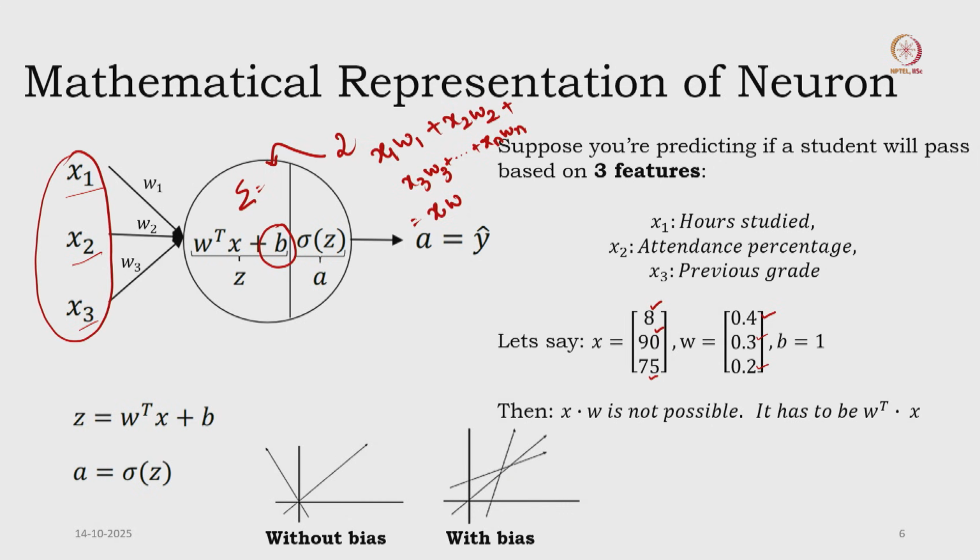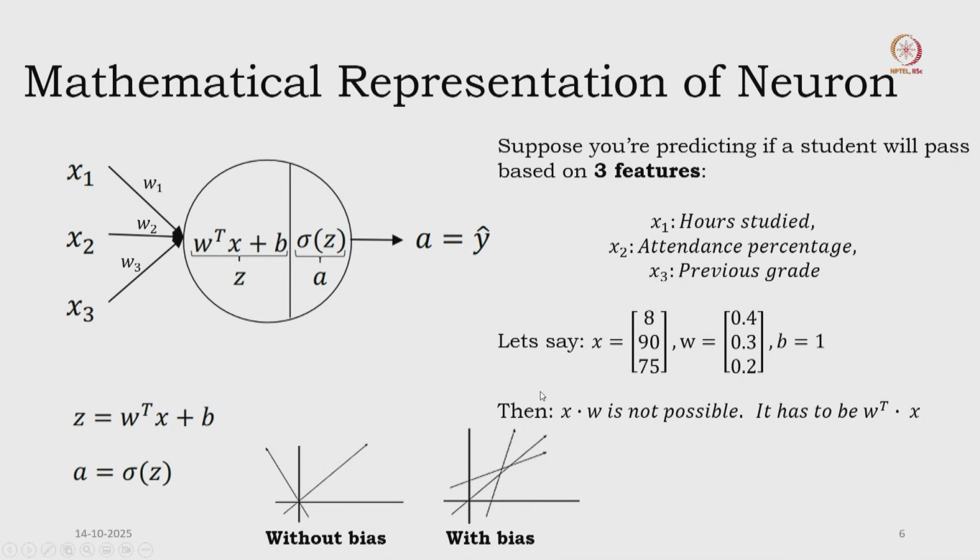The mathematical operation is x is multiplied with w. When we look into this particular case, we cannot directly multiply these two. If you want to perform x into w, it is not possible.